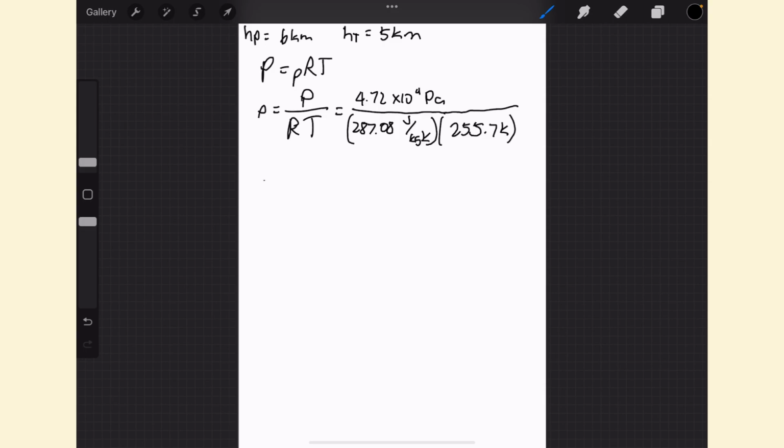Kaya ang ating density ay 0.643 kilogram per meter cube. Okay, so ayun, may density na tayo.